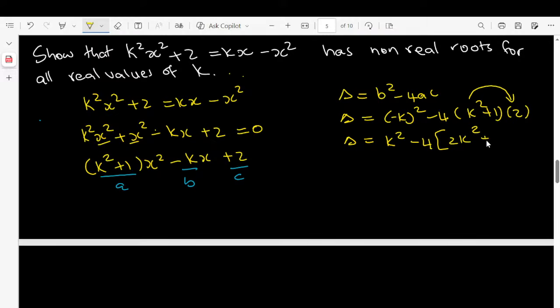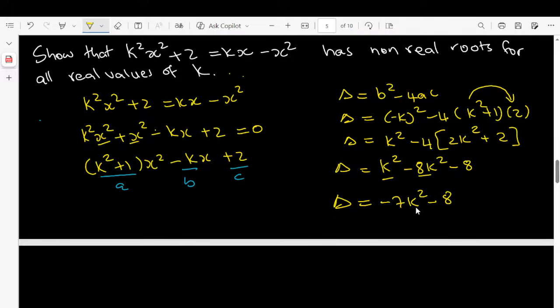So this is just 2k squared plus 2. Now we need to multiply out the bracket with that negative 4. So this is k squared minus 8k squared minus 8. I hope I'm not moving fast. But look at these two guys. These two guys are like terms. The discriminant will be minus 7k squared minus 8.